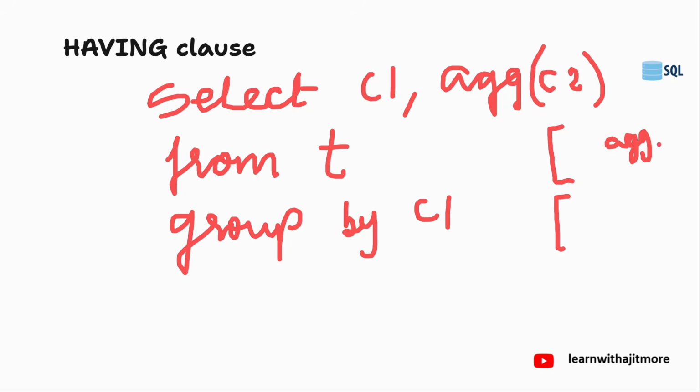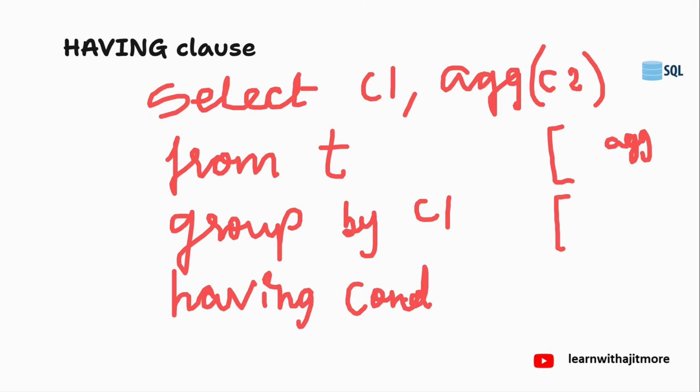Now, whatever output you got from aggregate, that also you want to filter. Then you have to write having. Okay? Having and then give the condition. But please remember, this is the condition applied on the result of aggregate. Therefore, generally in this condition, what is used?